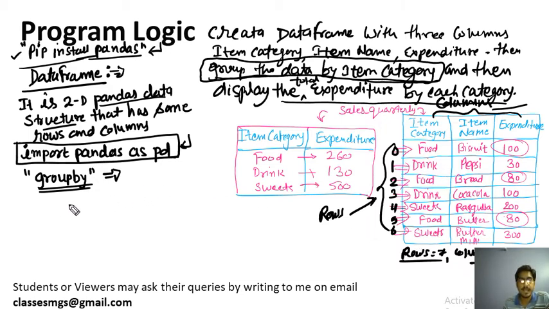Let's suppose sales quarterly is a data frame, and I want to group this data frame by a column name. We can group by any column name. Let's suppose if you group by item category, then unique categories will come into the result of group by. Let's suppose I am grouping by the item category column.